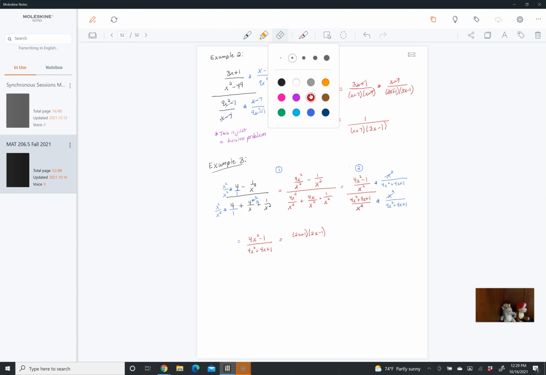If we factor 4x squared plus 4x plus 1, you're using the a times c, right? A times c is 4 times 1, which is 4. We need two numbers that multiply to 4 and add to 4. And we know that both of those are 2.